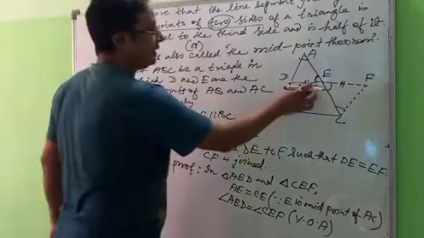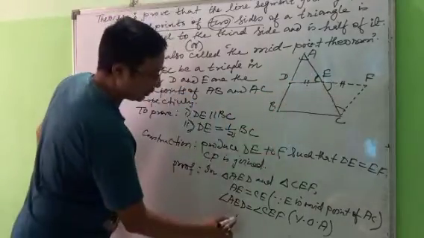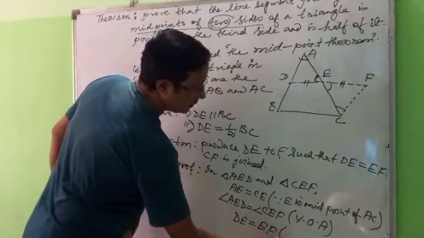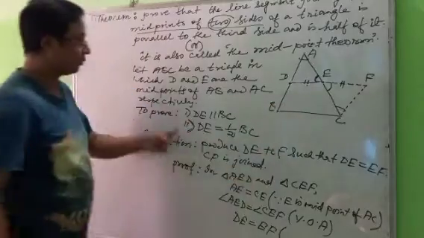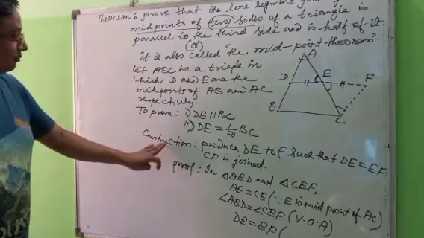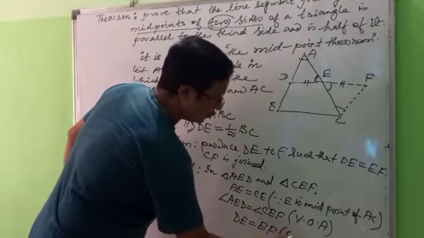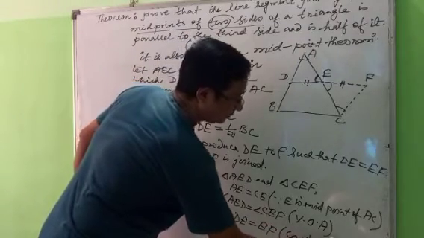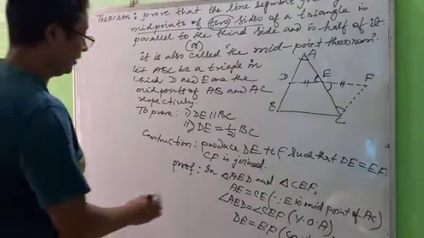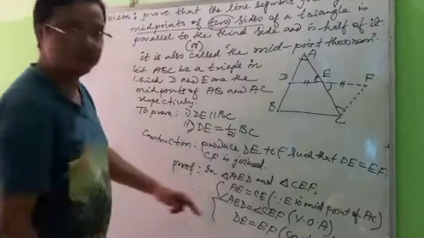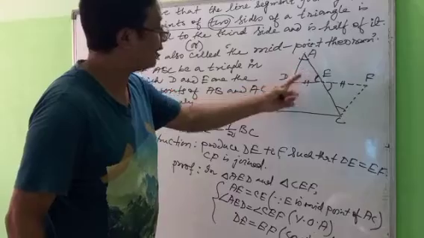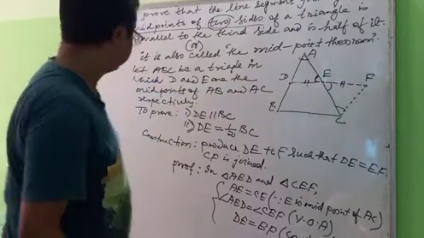Then you got DE equals to EF, which you have got through construction. So now you have got the three conditions, and these two triangles are congruent by side, angle, side.